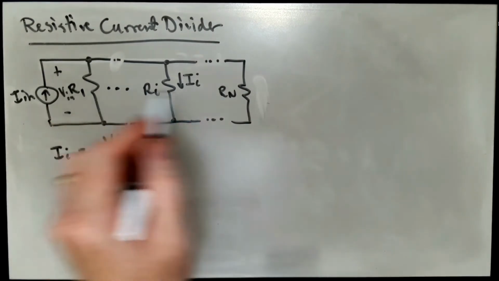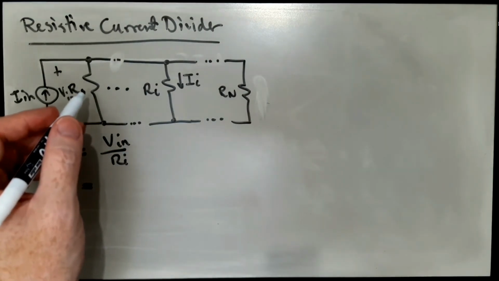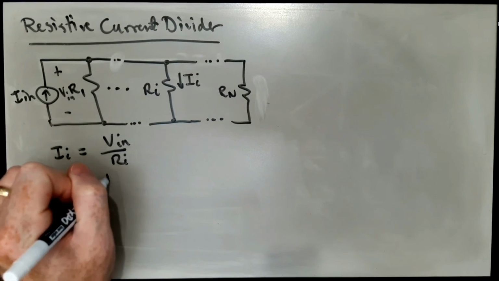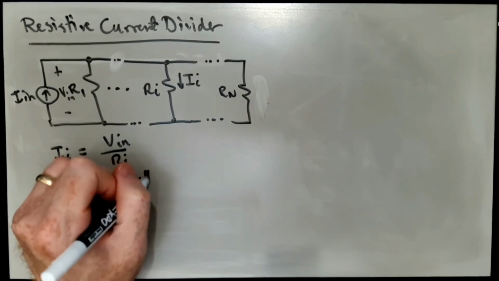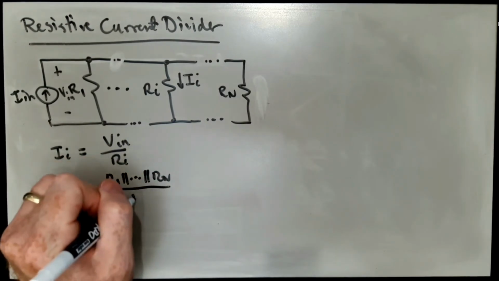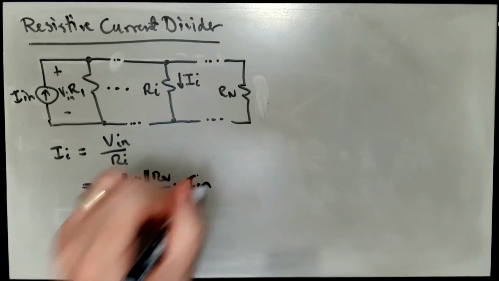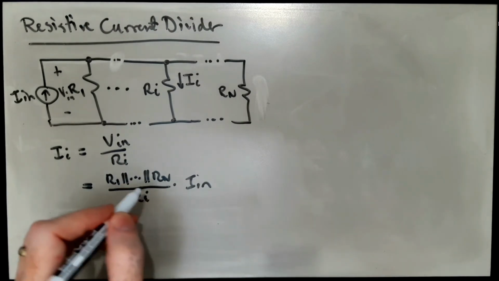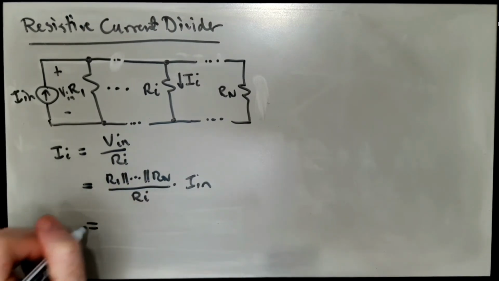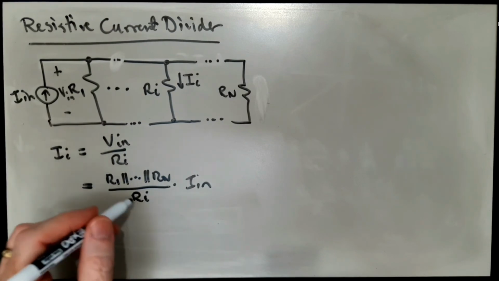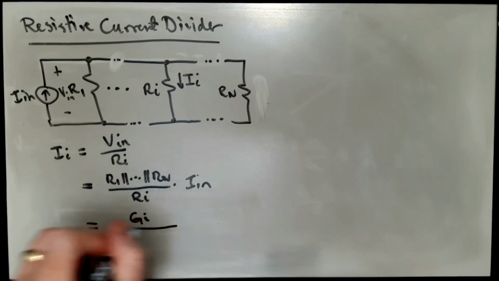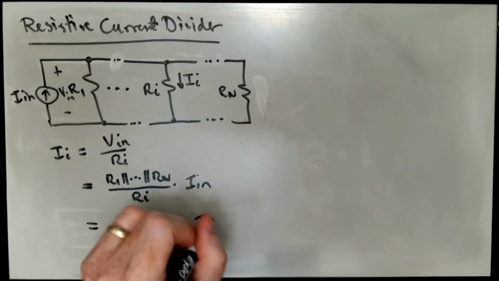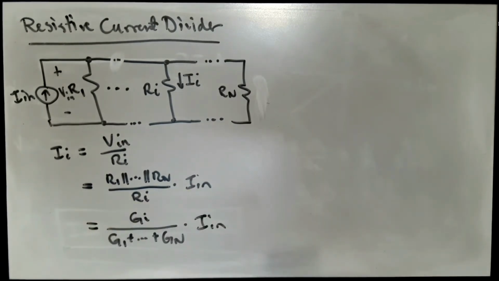The parallel combination of these resistors gives us the equivalent resistance of the whole thing, so we can get Vn as R1 parallel parallel Rn divided by Ri times In. And we can apply that same idea that we had with the two-way conductance divider. It generalizes quite easily so that we would get Gi divided by G1 plus plus Gn times In.